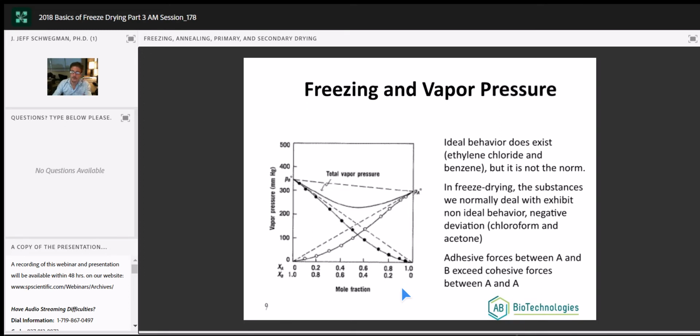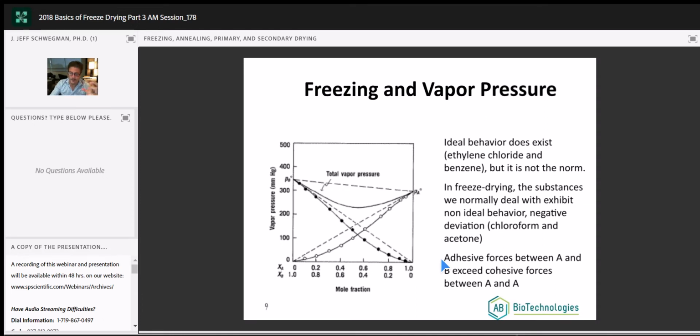If you put a drop of water on a surface, you'll get essentially a ball. You put a drop of ethanol, it's going to flatten out pretty quickly. So the cohesive forces of water are much stronger than those of ethanol. Now what we're talking about with added solute, we talk about adhesive forces.